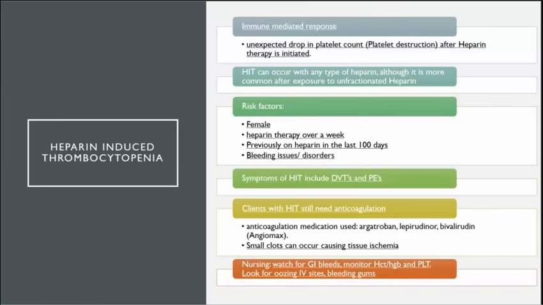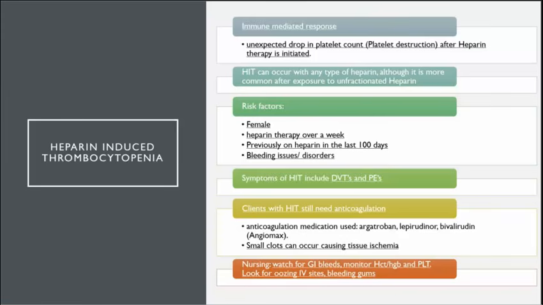Our risk factors, who would be a higher concern for HIT? It would be your female patient that had heparin for over a week prior, previously on heparin within the last 100 days, and have a history of bleeding disorders or issues.